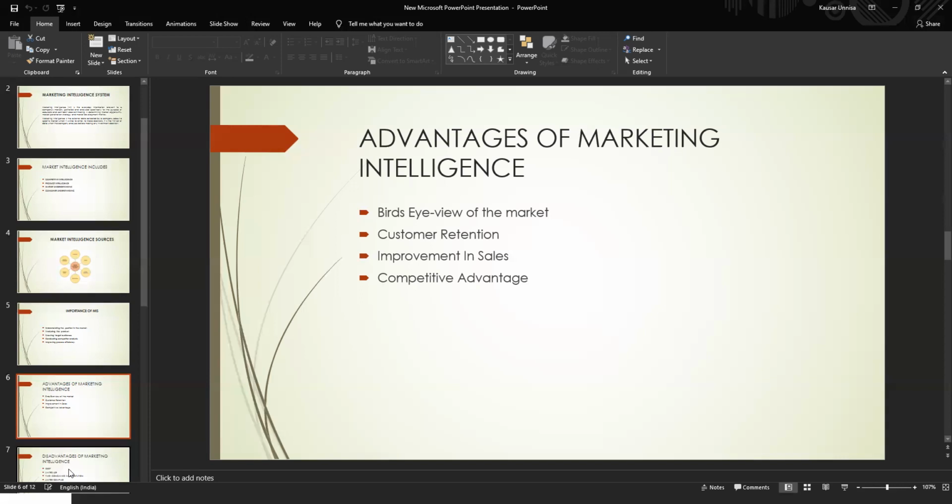Customer lifetime value means how many times the customer is going to purchase in a specified period of time. That is called customer lifetime value. So in the form of customer lifetime value, it is possible to retain our customer up to a particular period of time. The third advantage is that with the help of a market intelligence system, it is possible to improve sales.